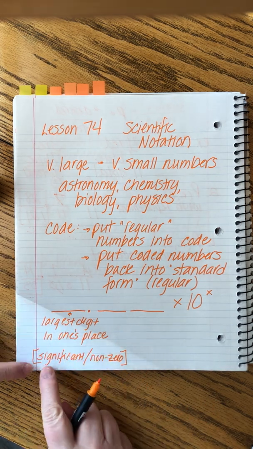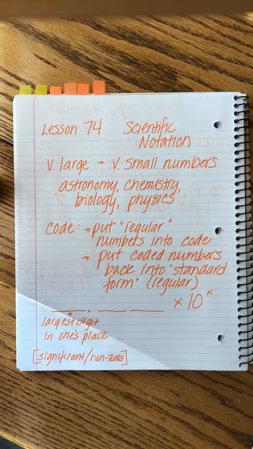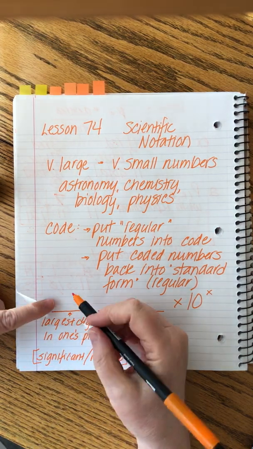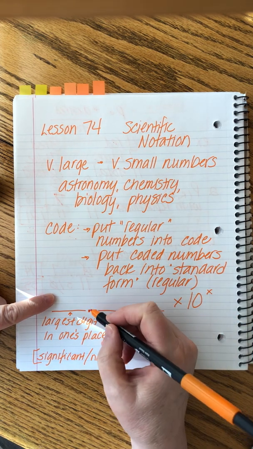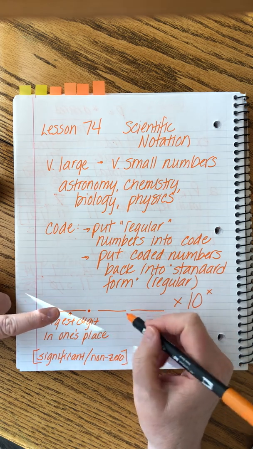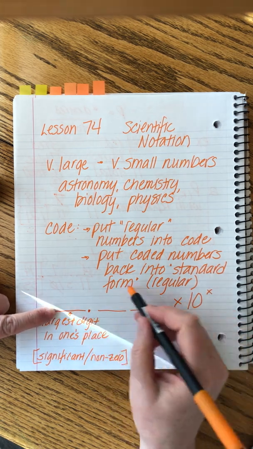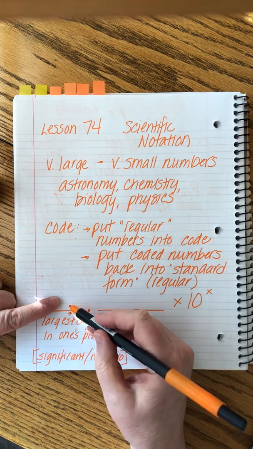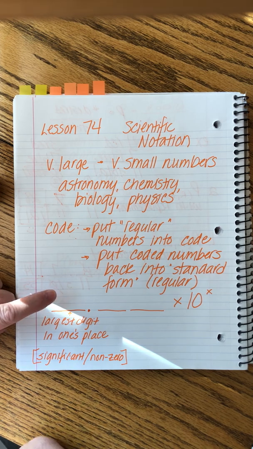I'll show you what that means later. All right, so we put the first digit here, then we can put in as many decimal places as we need to, right? And we'll talk more about that as we go. But then you multiply this number, that's always just in the ones place, times 10 to the power of 10.